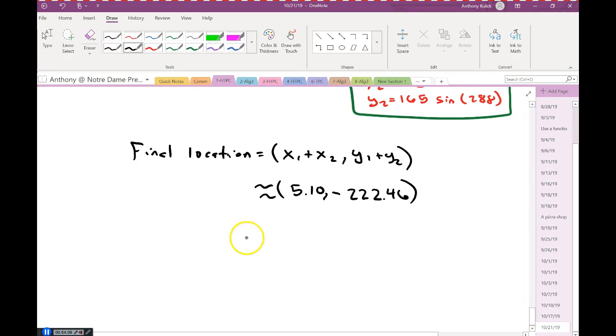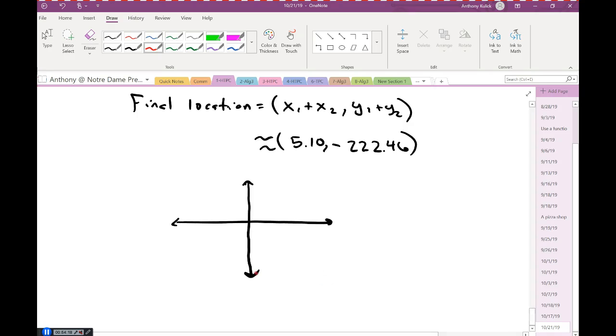And what that tells us then is that our final position after the trip is something like there.